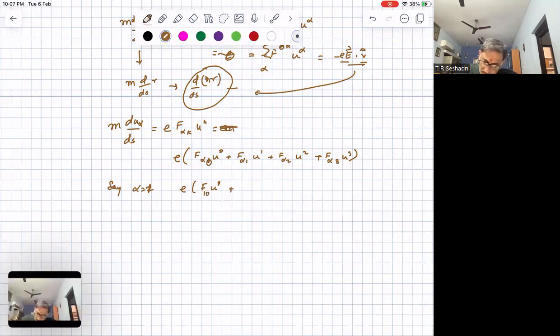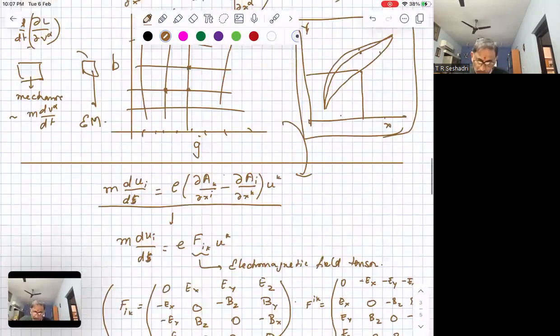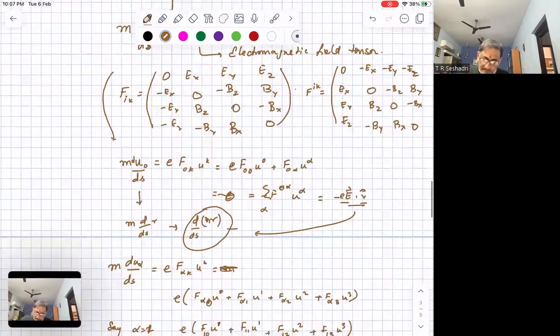This is 1, 0. And then we have F11 u1, which is 0, plus F12 u2 plus F13 u3. And so what is this equal to? E times F10 down, which is minus Ex.